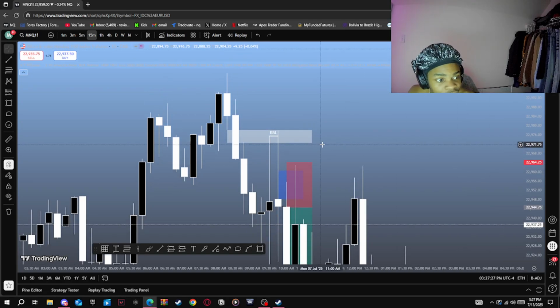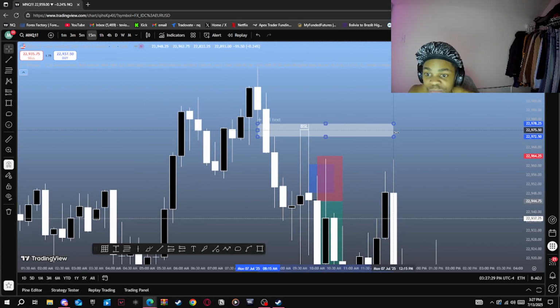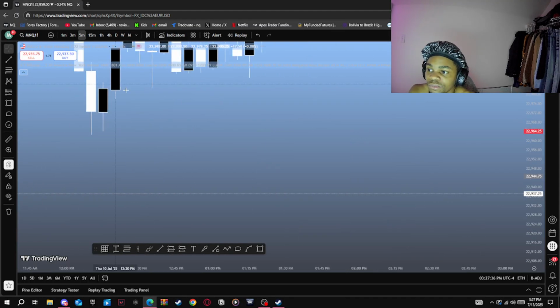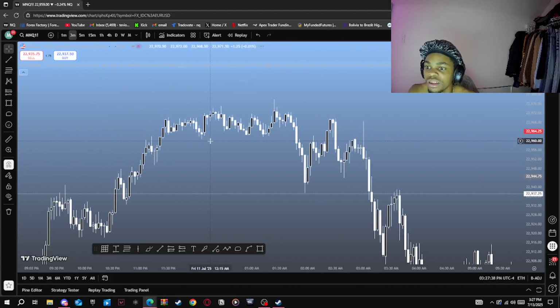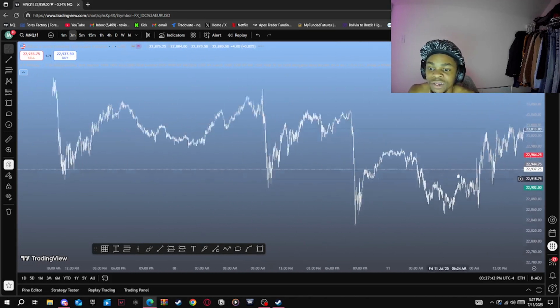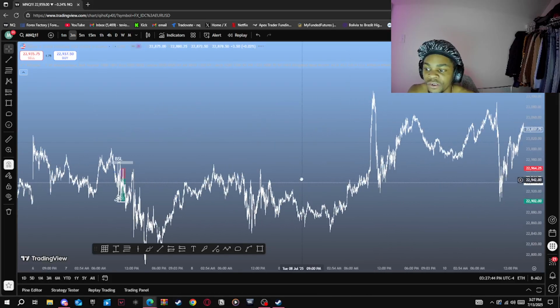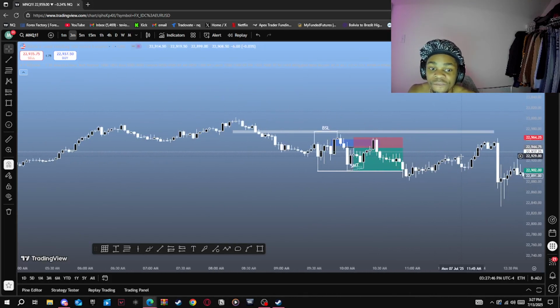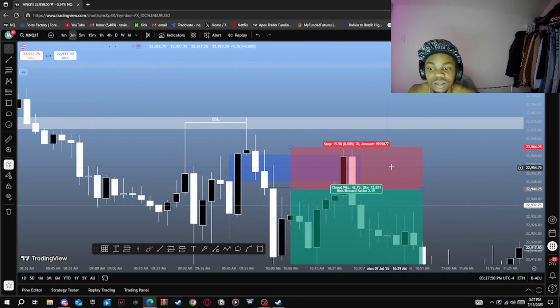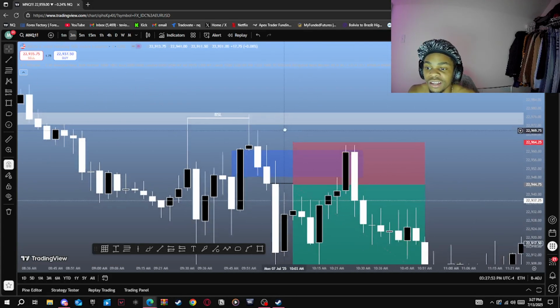You always want to try and align price with your time frames. I'll get into that in another video. Then yep, we did a liquidity sweep, respected a 15-minute fair value gap, and then I looked for an inversion fair value gap.